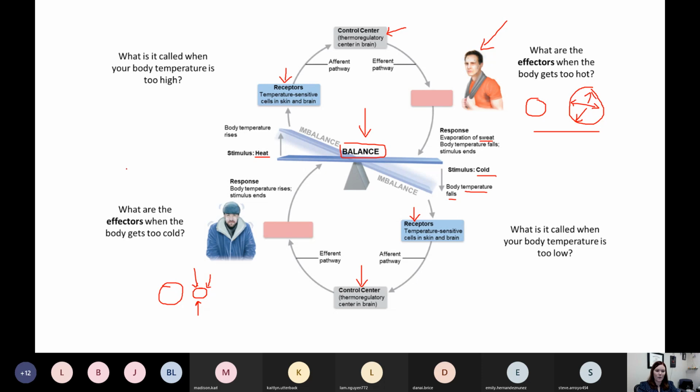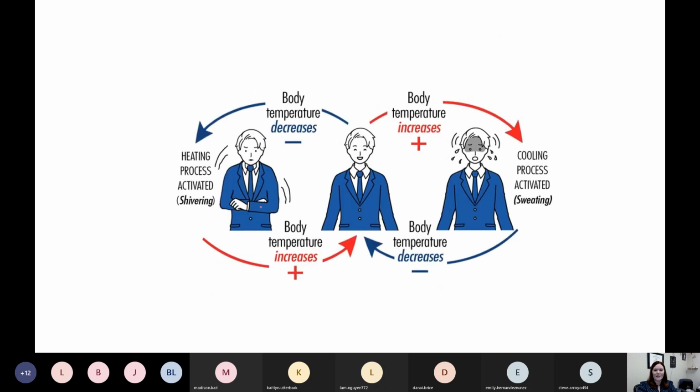This is what we call a negative feedback loop. What I mean by that is when I detect something, so my stimulus made me colder, my temperature went down, my effector is going to do the opposite.